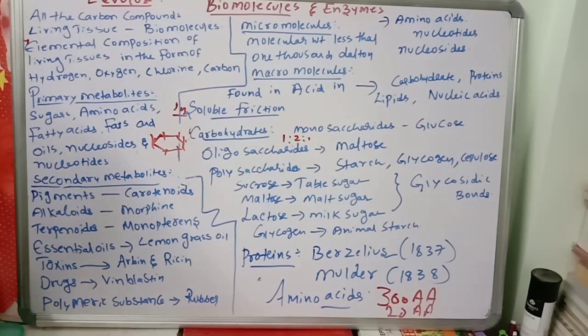The peptide bond. There are four types of structures in the proteins: primary structure, secondary structure, tertiary structure, quaternary structure. That will be discussed in the next class.